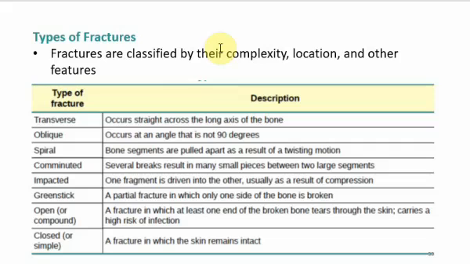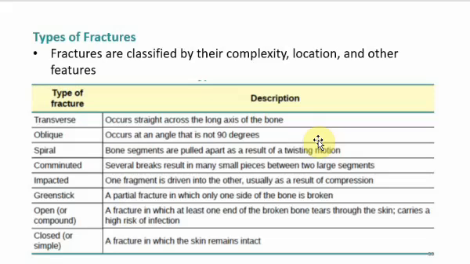So based on those three factors, we have what we call transverse fractures, which are fractures that occur straight across the bone axis. You remember a transverse section, if you cut a transverse section of a stem.